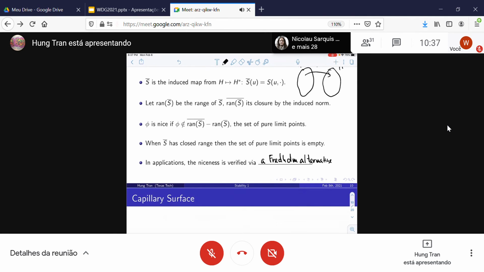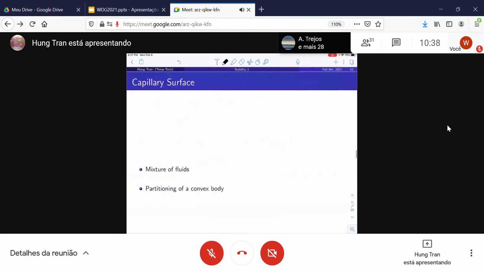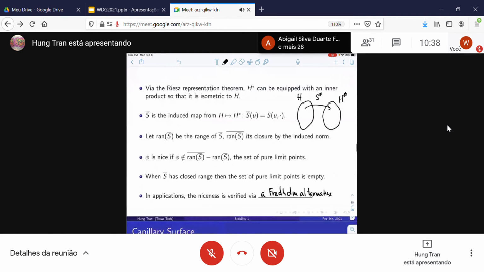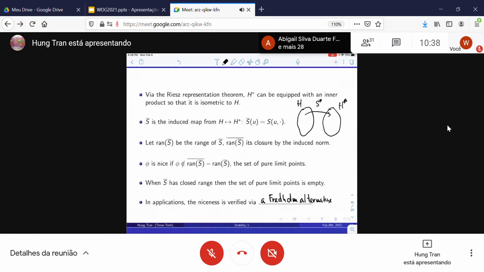So when we consider the induced map from the Hilbert space to its continuous dual, it is similar to considering a weak solution to some PDE problem. And so that's why the nice condition we're considering here is equivalent to a Fredholm alternative, which tells you about the weak solution to a certain PDE problem. Okay. So that is the general abstract framework. Is there any question?